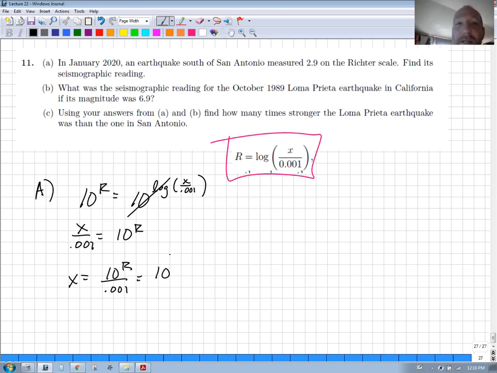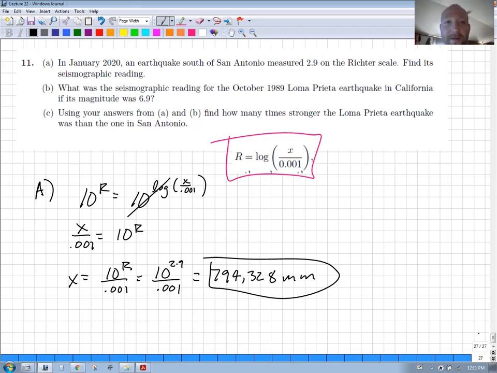Here they say R was 2.9. So here's my calculator. 2.9, 10 to the, divide by 0.001, 794,328. In this case, millimeters.